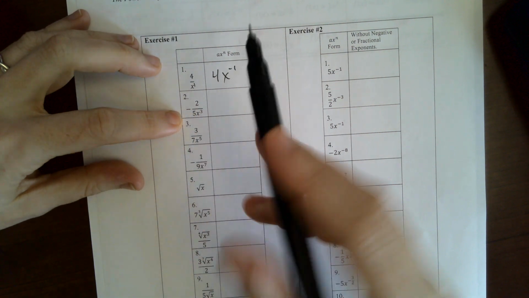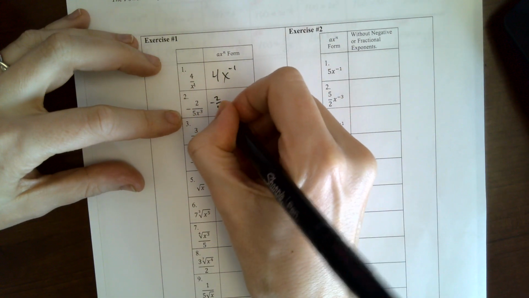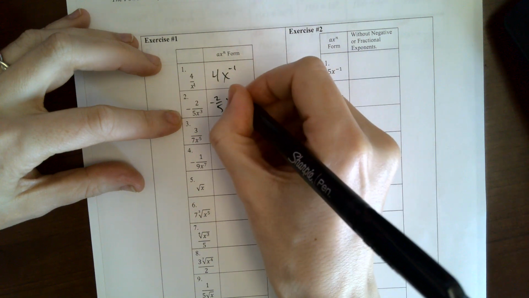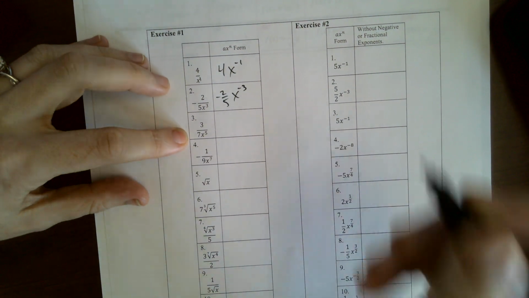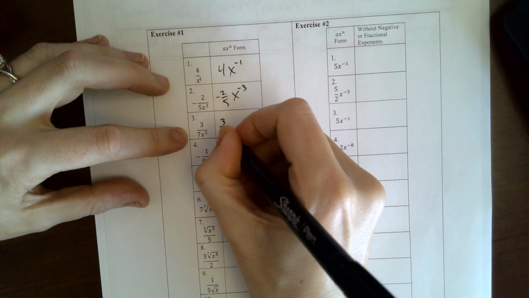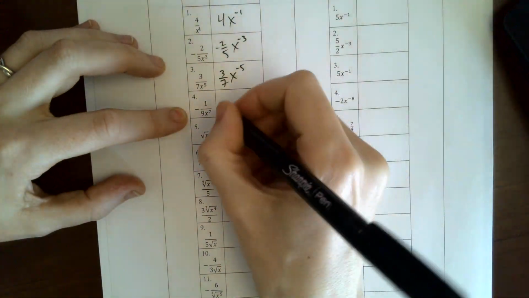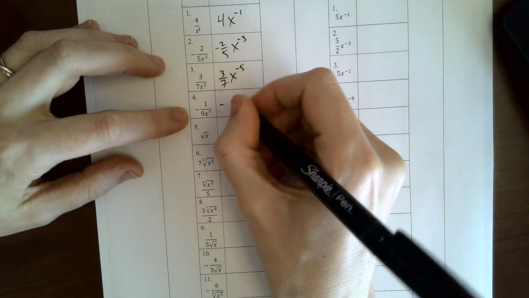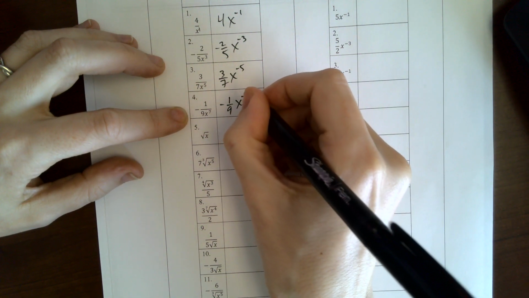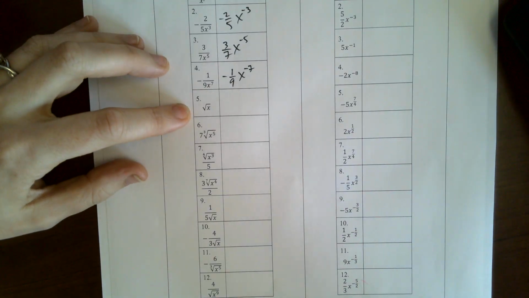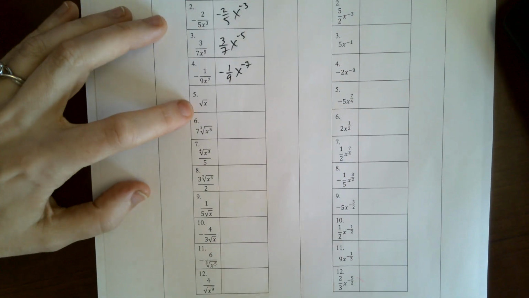This next one, a is negative 2/5 x to the negative 3. The third one, a is 3/7 x to the negative 5. And go ahead of me, guys, if you'd like. Negative 1/9 x to the negative 7. Okay, now we're getting into radical territory.